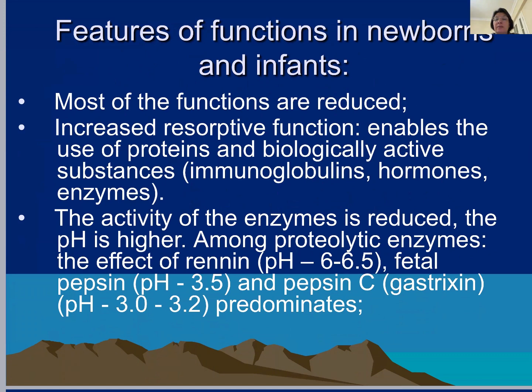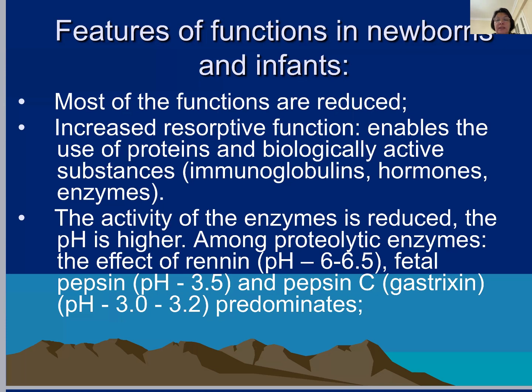Activity of the enzymes is reduced. The pH is higher. Among proteolytic enzymes, the effect of renin will be higher in newborns because this enzyme is active when pH is 6.5. Fetal pepsin will be active when pH is 3.5.